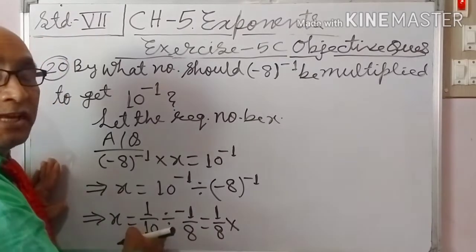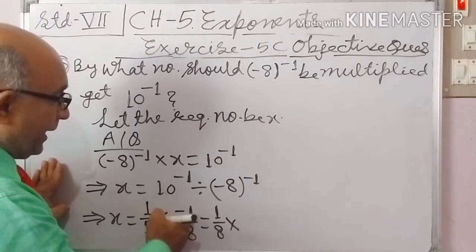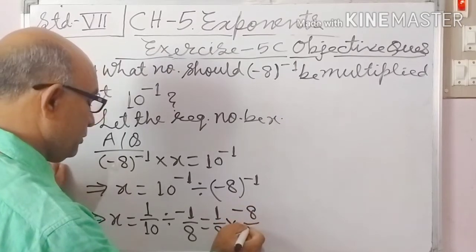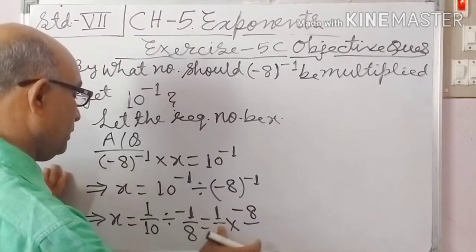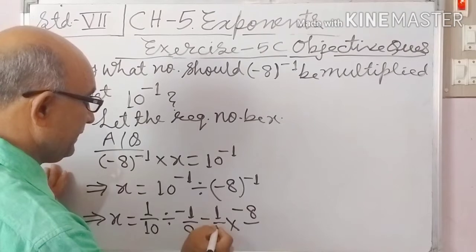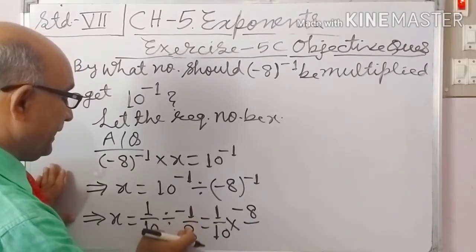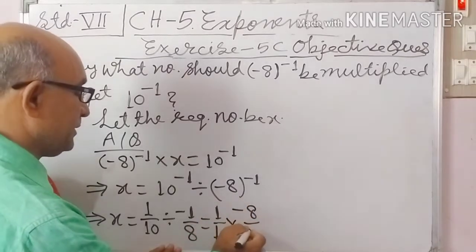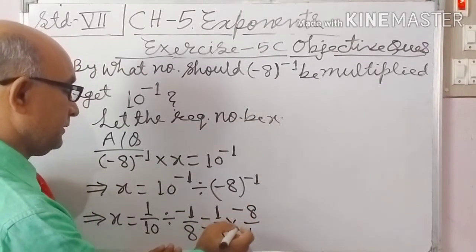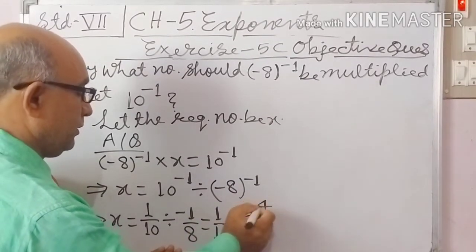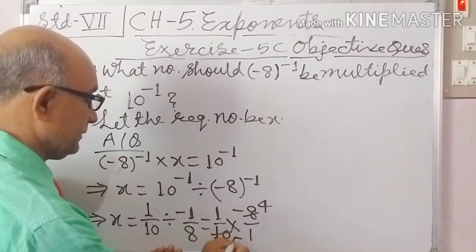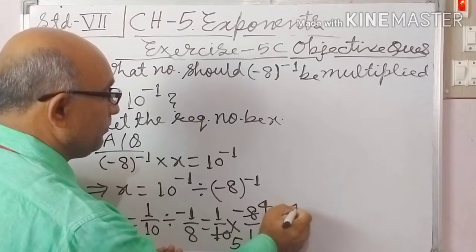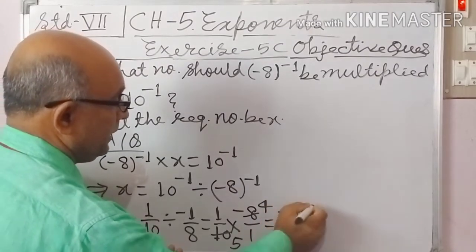Sign of divide changes into sign of multiply, so minus 1 by 8 changes into minus 8 by 1. 1 by 10 into minus 8 by 1: 2 fours are 8, 2 fives are 10, equal to minus 4 by 5. Answer.